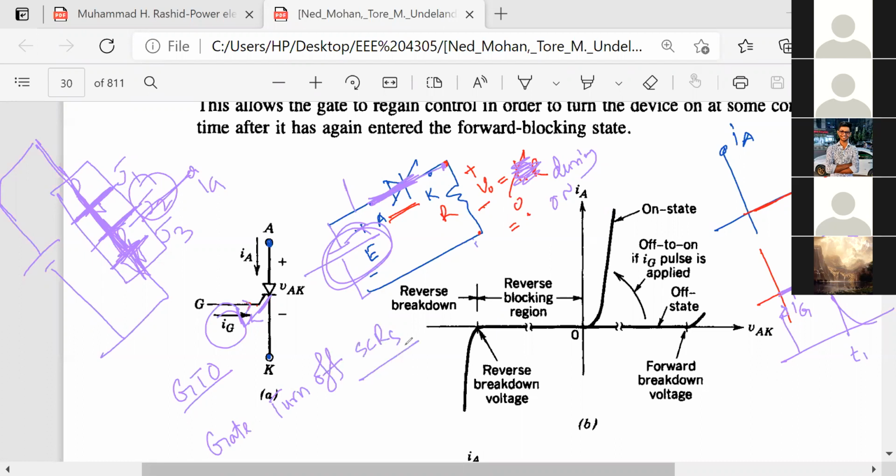So these are fabricated like that. If you apply a negative current here in the gate, then it will be turned off. So if we get this type of device that we can turn on and turn off by ourselves, we have the full control, right? You got my point? What I say?